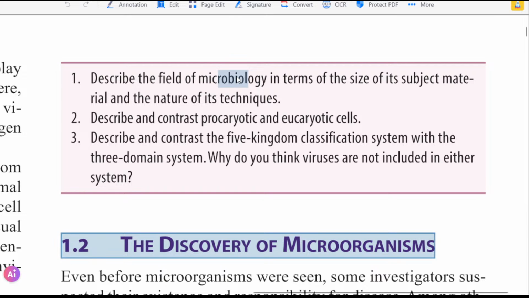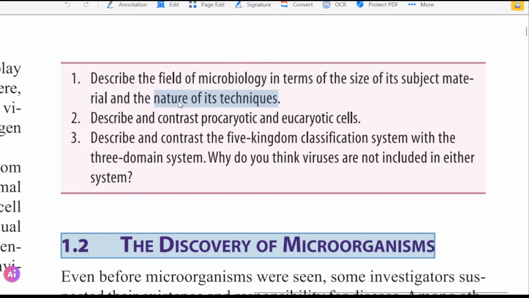And any field that is related to it, like food microbiology, industrial microbiology, microbial ecology, which we already studied, and genetics and these kinds of things. And the nature of its techniques.